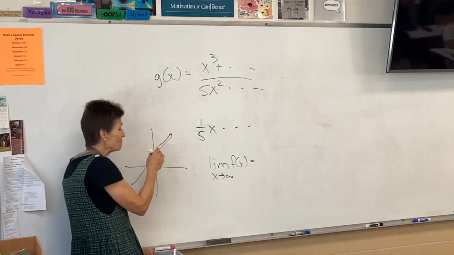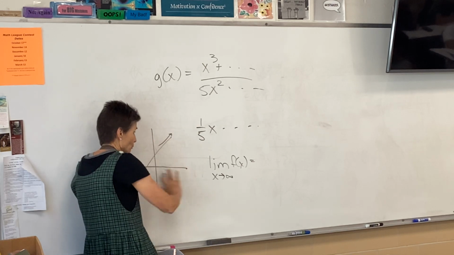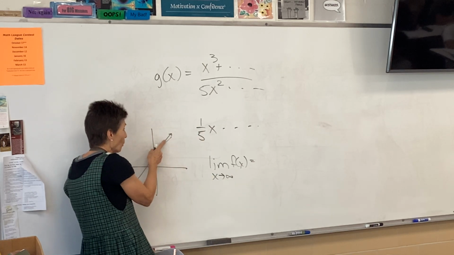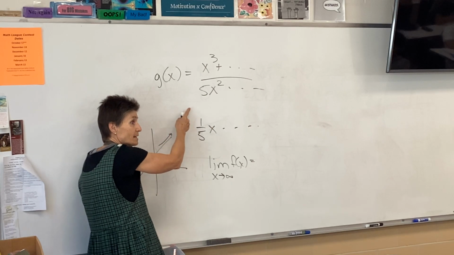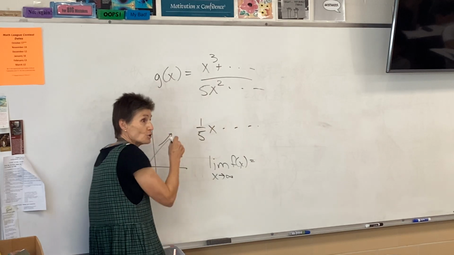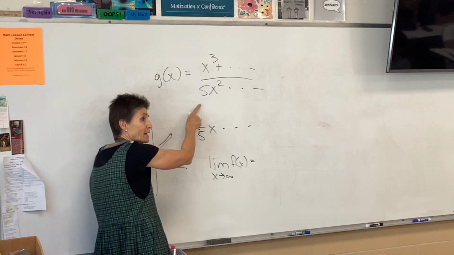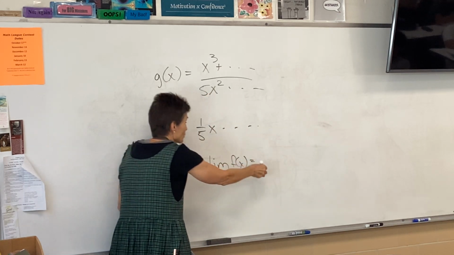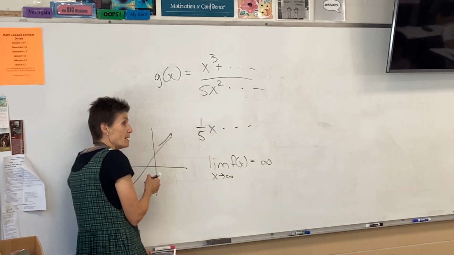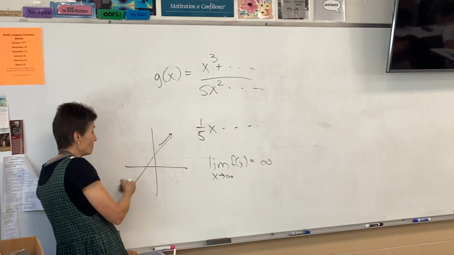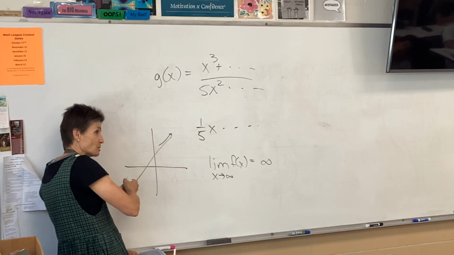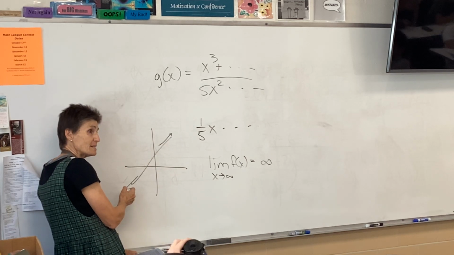We approach it. So as this thing heads to the right, to positive infinity, what is its behavior? It is getting increasingly large. It's getting closer to the asymptote, but what are the y values doing? They're heading to infinity. And what about on the other end? Because that is the asymptote, what do I know is happening on this end?